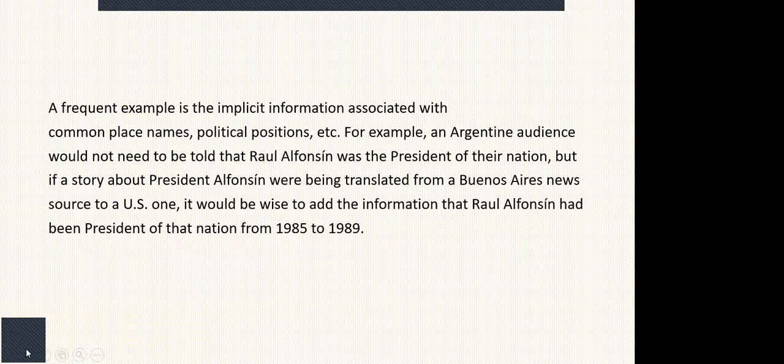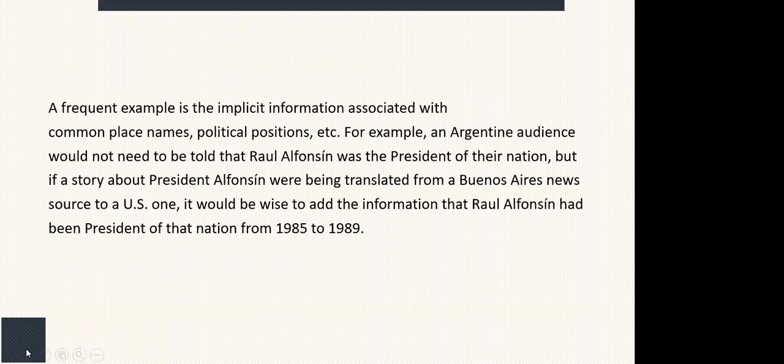Here we have an example. A frequent example is information associated with common place names, political positions, and so forth. Very contextual information is never very clear for a target language audience, right?